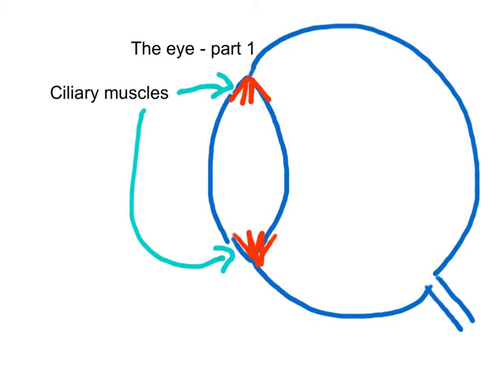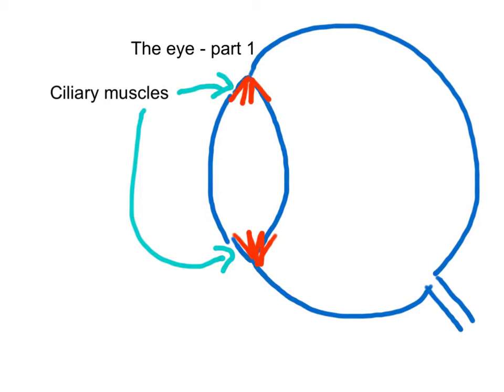And that's why when you're looking at something very, very close to you, for a long time especially, your eyes can get very sore. It's because of those ciliary muscles. Over time, not only does the lens itself get a little bit less flexible, but also those muscles, just like other muscles in your body as you get older, get a little bit worn out.